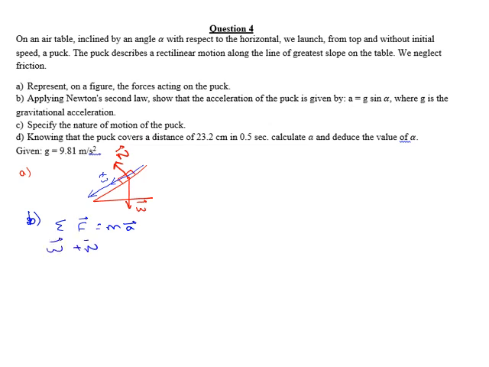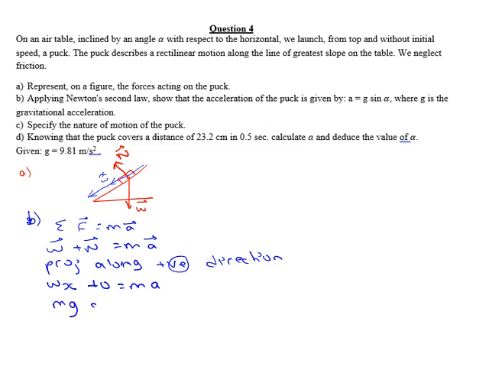W plus N equals ma. And projection along the positive direction, we have Wx plus 0 equals ma. mg sine alpha equals ma. a equals g sine alpha.